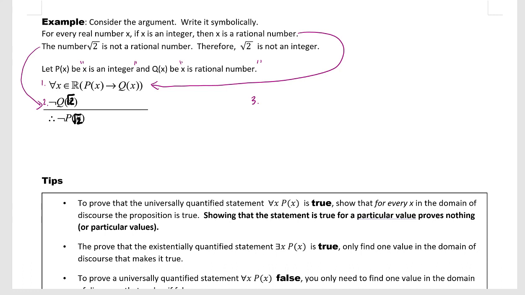Because square root of 2 is in R, we have P of square root of 2 implies Q of square root of 2. This is from line number 1. What rule are we using? We are using universal instantiation.